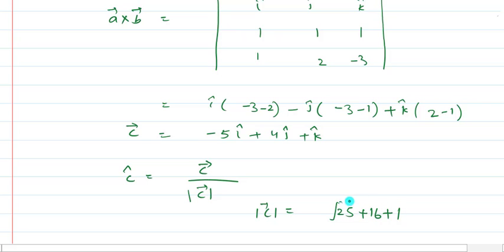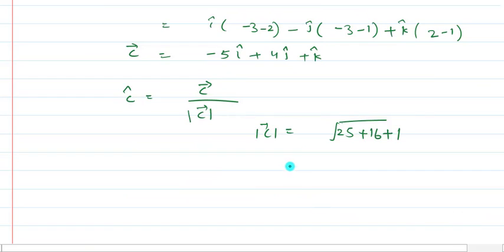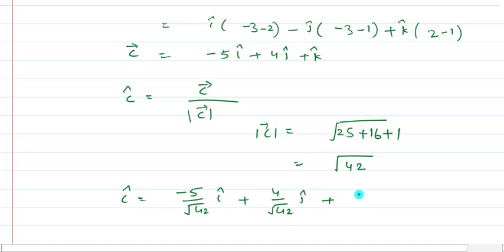That is, we are getting root 42. So therefore, C cap is minus 5 upon root 42 i cap plus 4 upon root 42 j cap plus 1 upon root 42 k cap.